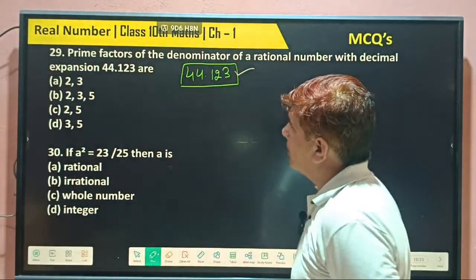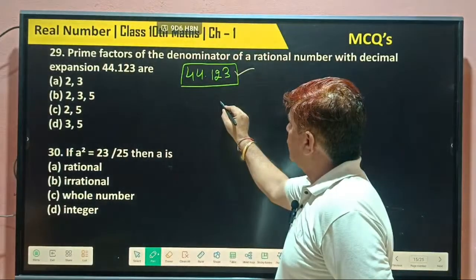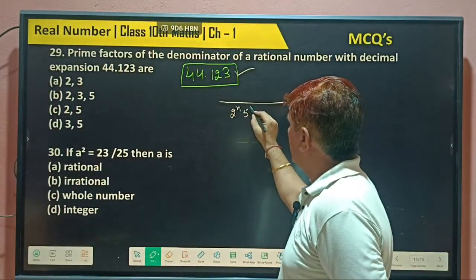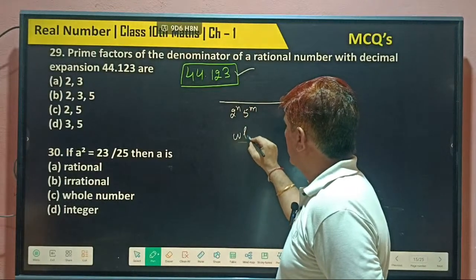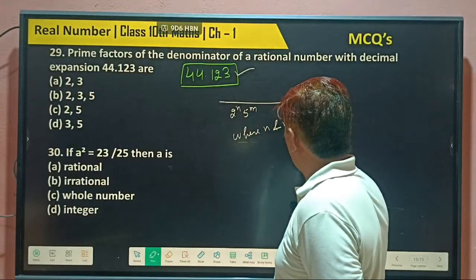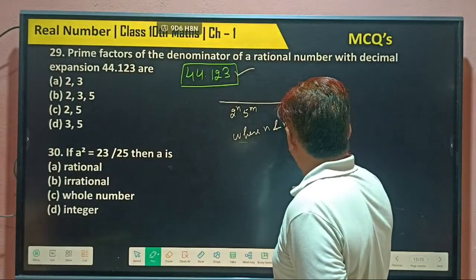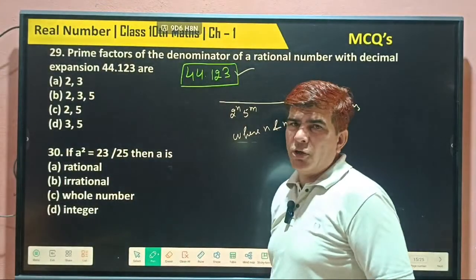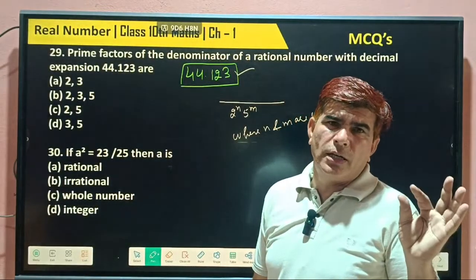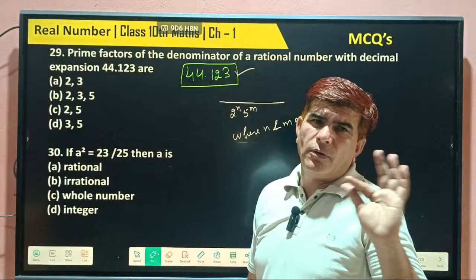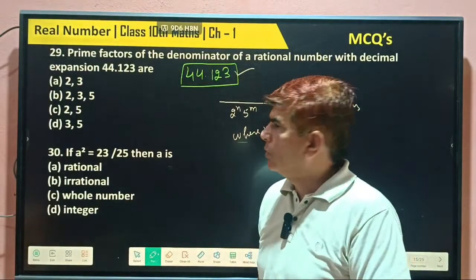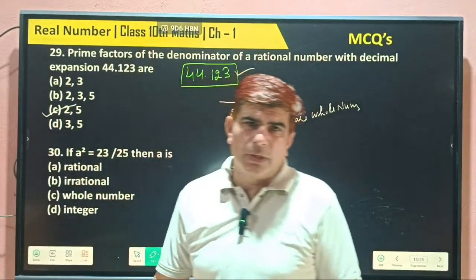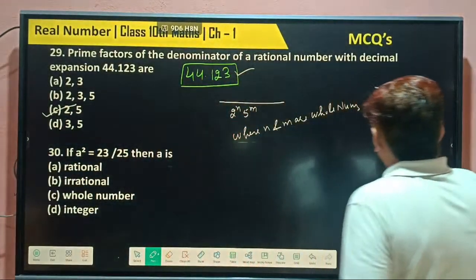So if terminating, the factors of the denominator are in the form 2 power n, 5 power m. Here n and m are whole numbers. It means the denominator factors either contain 2 or contain 5 or contain both. So what is its answer? For example, you can take this.